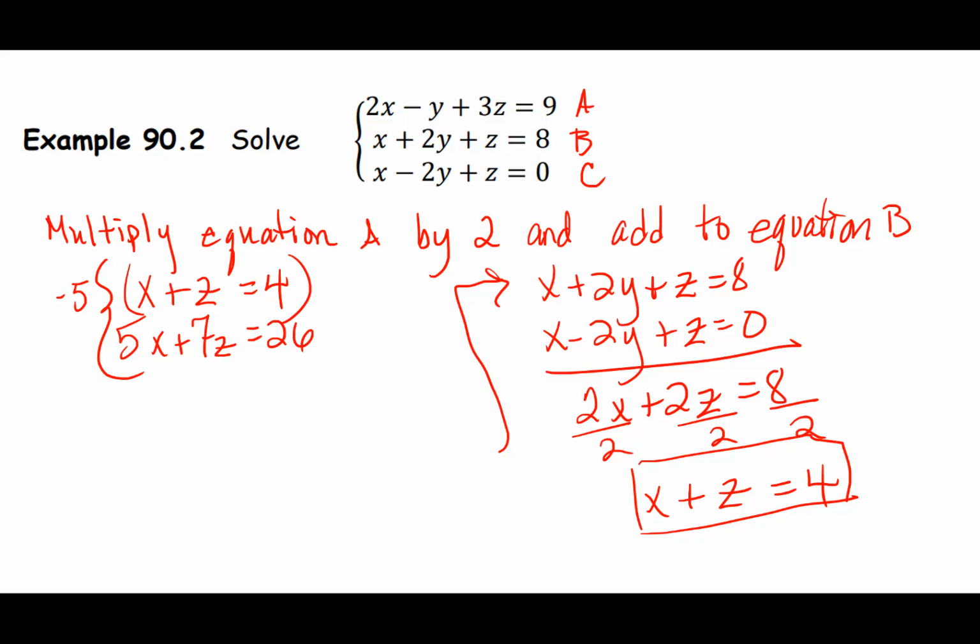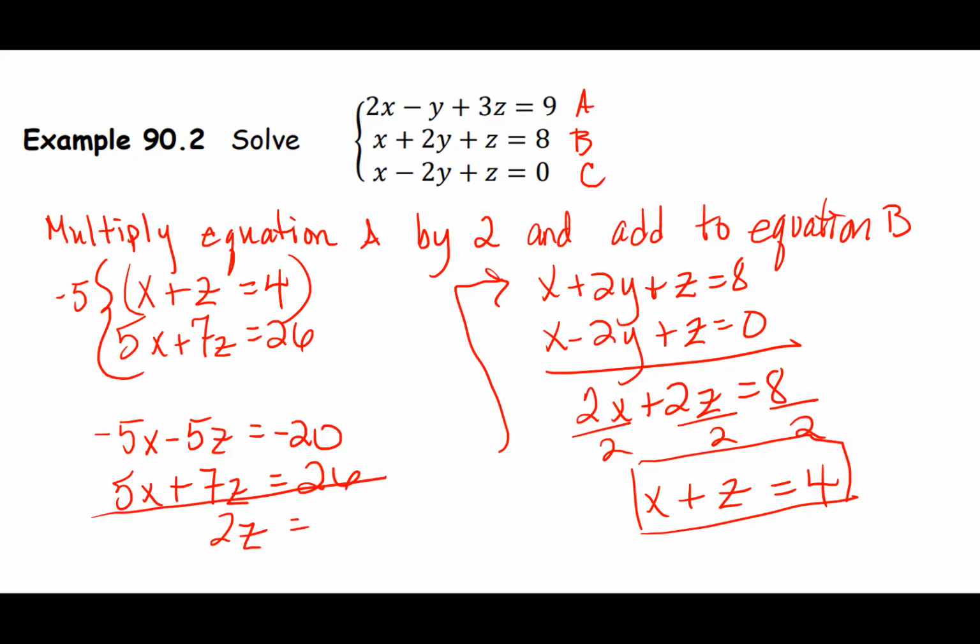So -5x minus 5z is equal to -20. And then 5x plus 7z is equal to 26. So we're going to add it all up. We'll have 2z is equal to 6, which means that z is equal to 3.